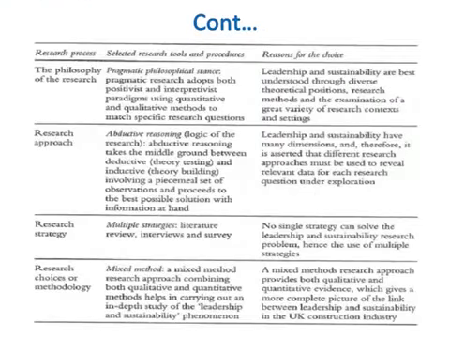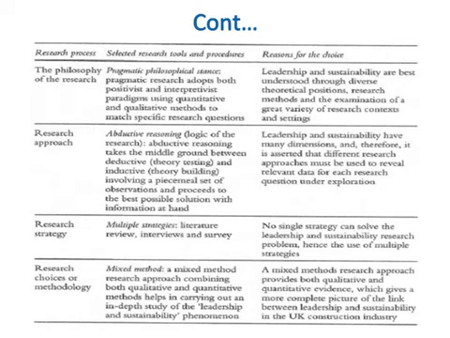Here you need to extract information by skimming the rest of the research article and search for the research philosophy, the research approach, research strategy and research choices or methodology, which will help you to understand the overall research article.